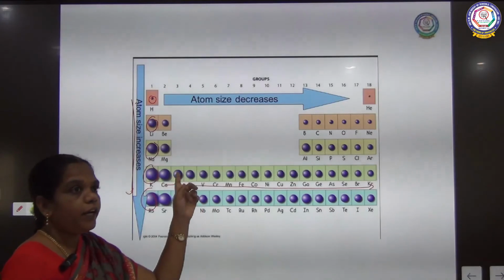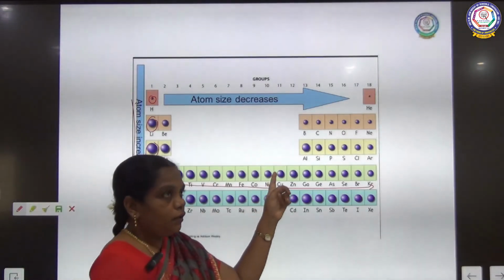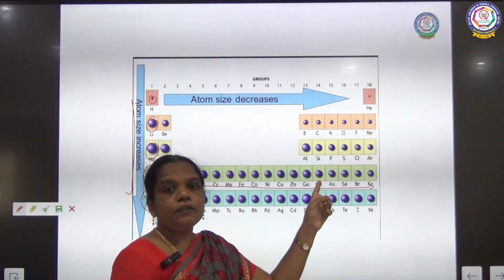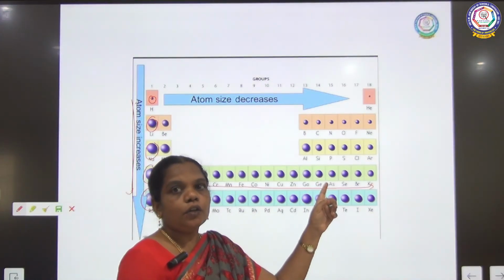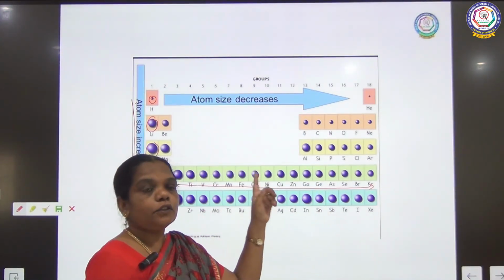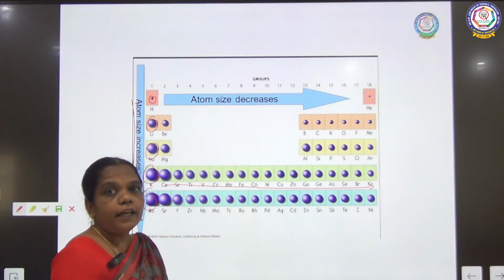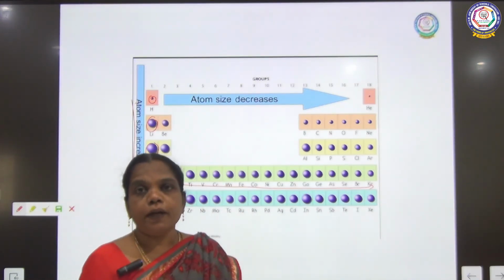So the force of attraction increases, the removal of an electron is difficult, and more energy is needed to remove the valence electron. So based on the size, the ionization energy can be compared.